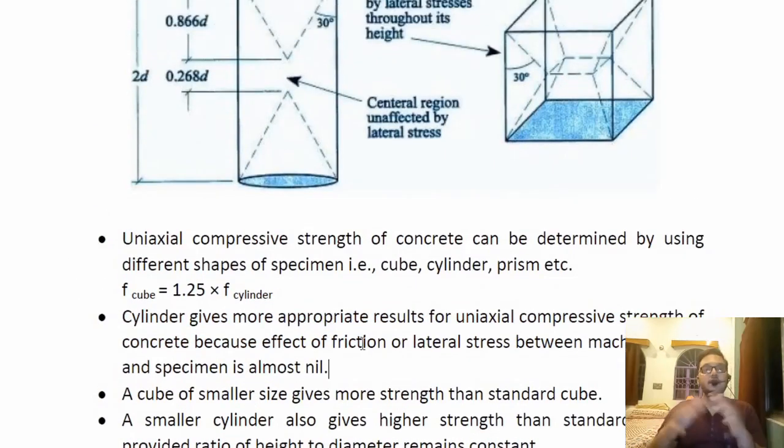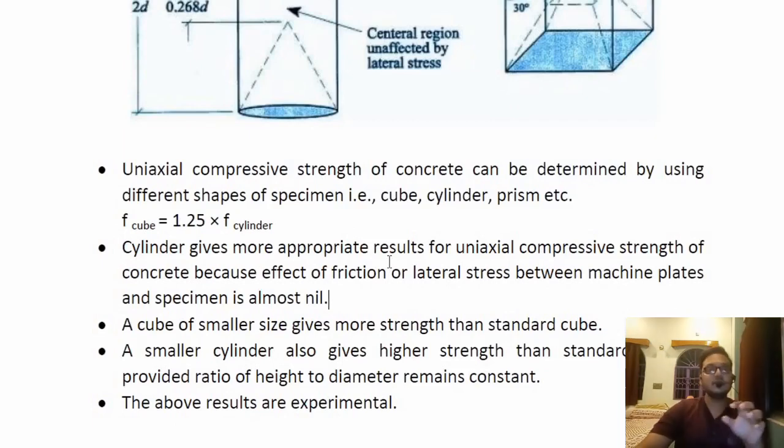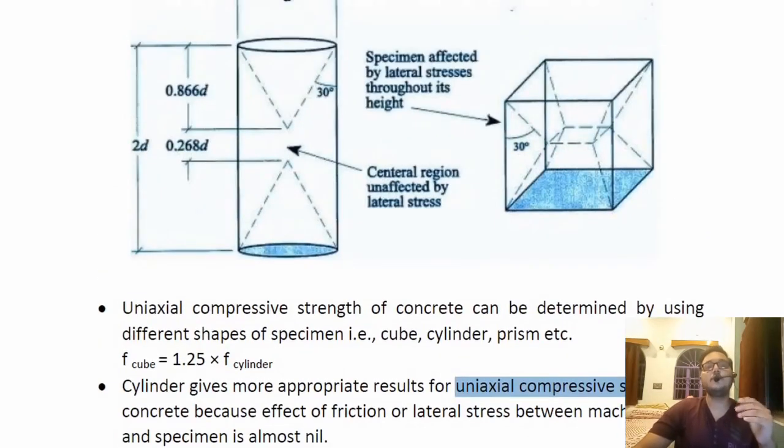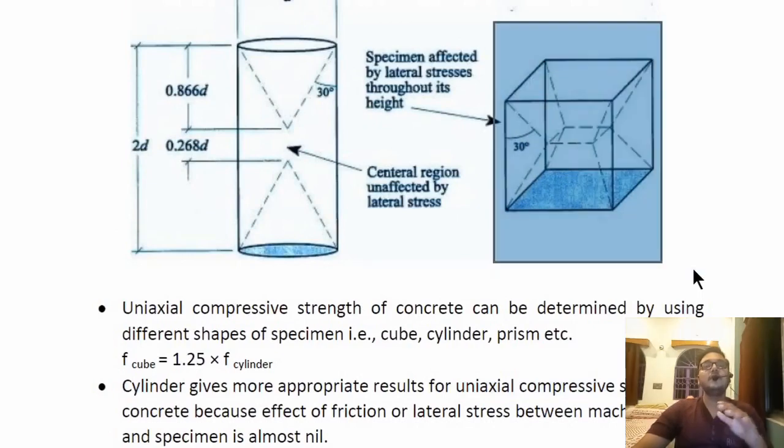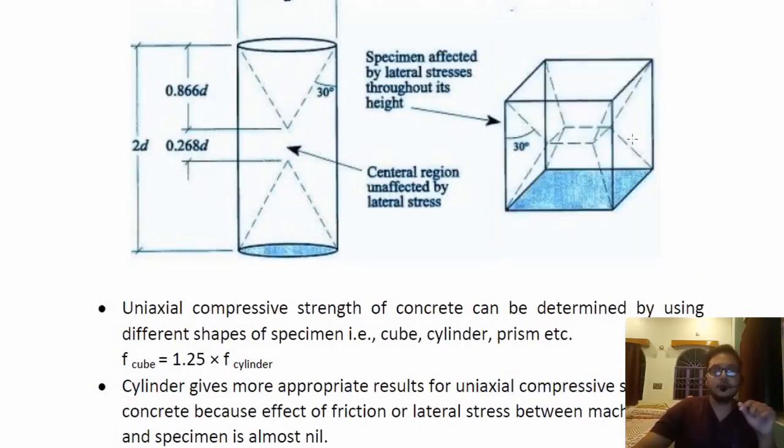In comparison to the cube, the cylinder will be less affected by the lateral friction, so that lateral friction will affect the uniaxial compressive strength results much less in the cylinder as compared to the cube.